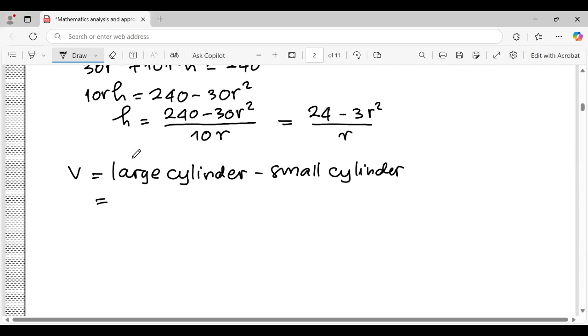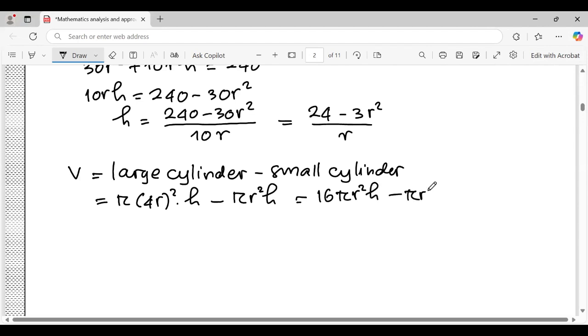For the large cylinder, the radius is 4r, so pi 4r squared multiplied by h, minus pi r squared h for the small cylinder. This is 16 pi r squared h minus 1 pi r squared h, 15 pi r squared h.